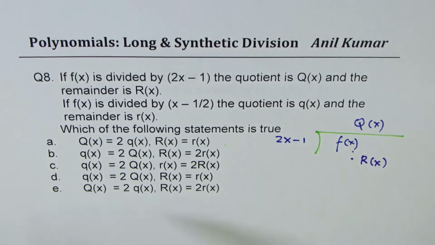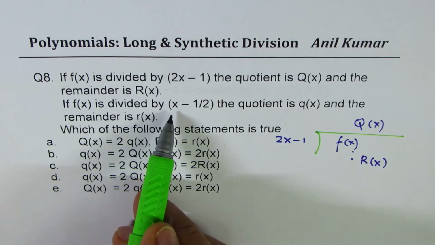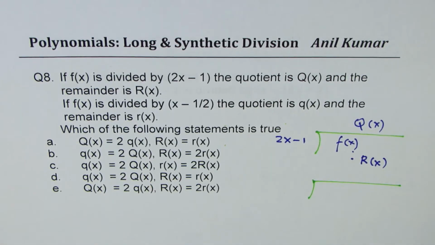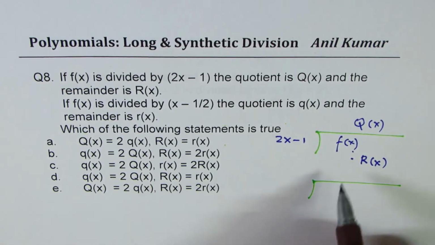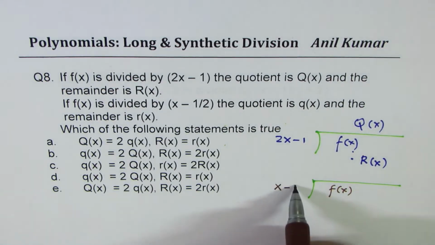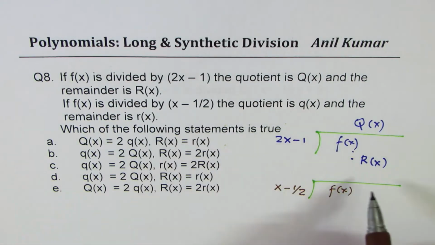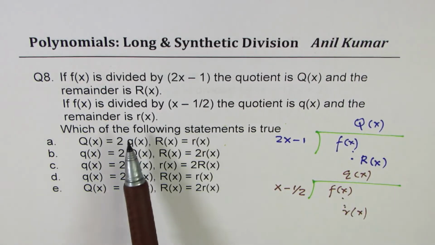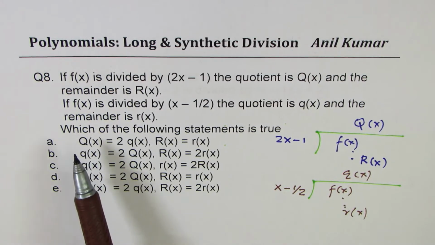The second case is if f of x is divided by x minus half, the quotient is small q of x and the remainder is r of x. Do you see that? In that case, which of the following statements is true?